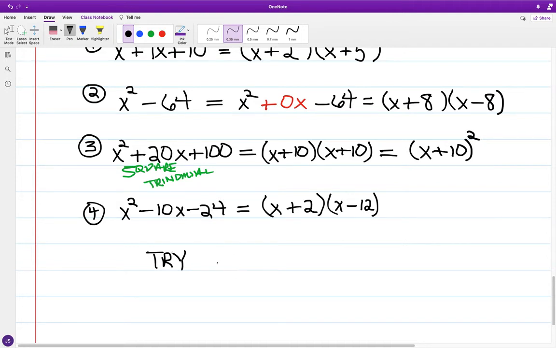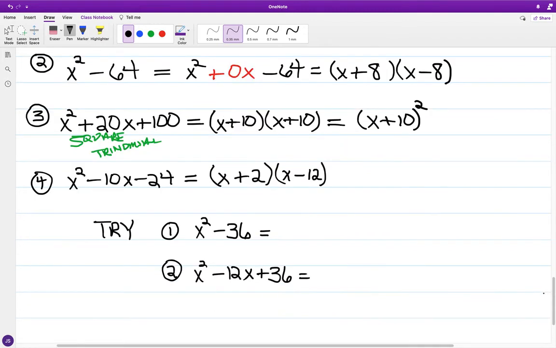But in the meantime, let's see what we get for factoring, say, x squared minus 36 as well as x squared minus 12x plus 36.